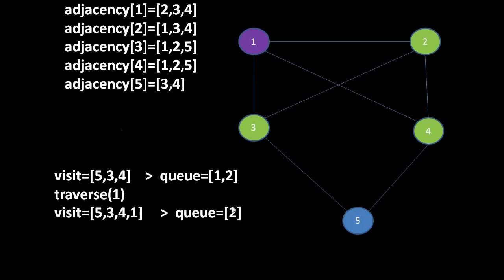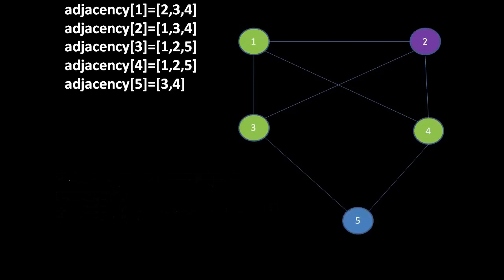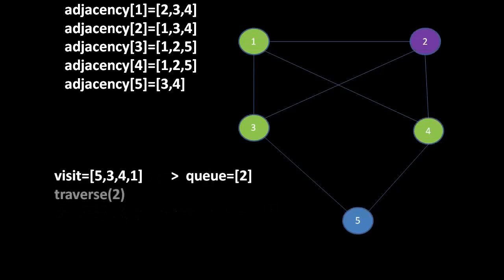So now the queue will have only one element left, so we will take that element and traverse the graph. Now 2 is connected to 1, 3 and 4. All the elements are either in the visit or in the queue, so we will not push anything into the queue but we will push 2 into visit.